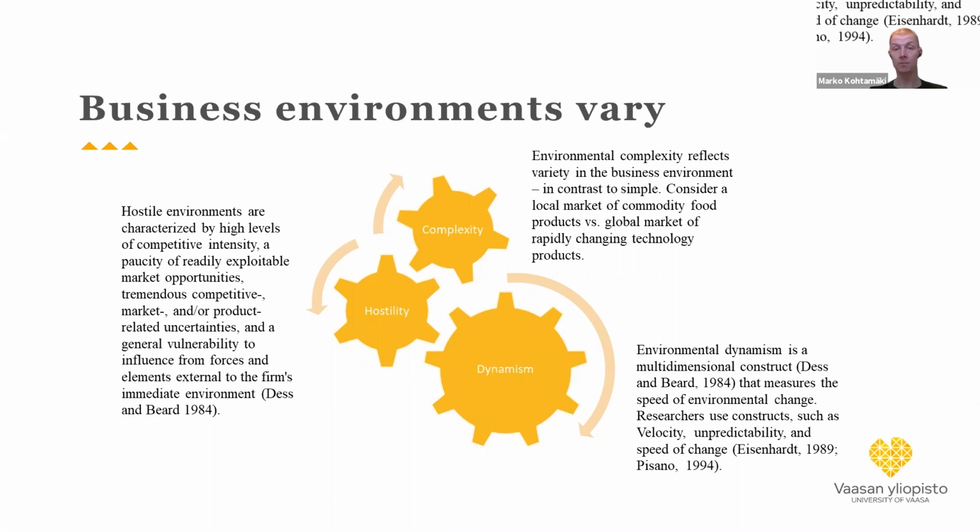An environmental complexity which reflects the variety in the business environment in contrast to simple business environments. For instance, commodity food products manufactured to local markets in contrast to global market where the firm is manufacturing rapidly technology products which are rapidly changing and where the customer demand is constantly changing.